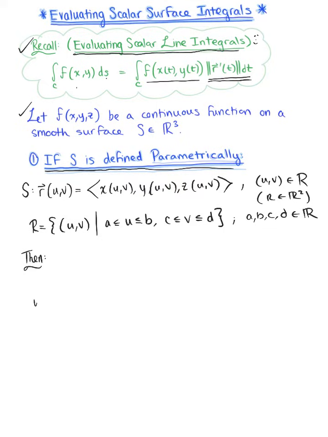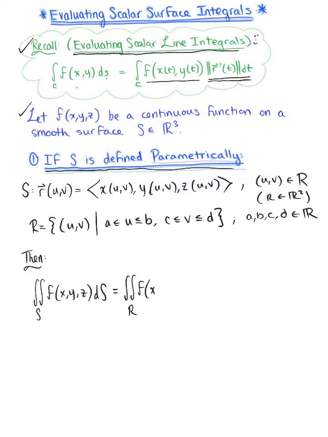So we can say then the surface integral is a double integral over this surface S of the function f of x, y, z, and we're integrating here with respect to the surface area. So we need to parameterize this integral. So this becomes the double integral over that two-dimensional region R in the plane of the parameterized function.